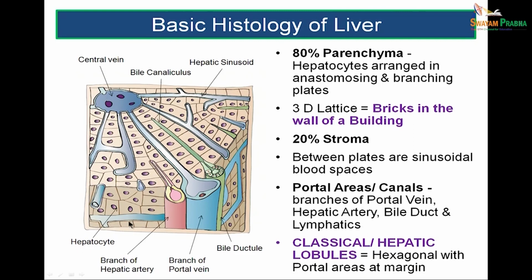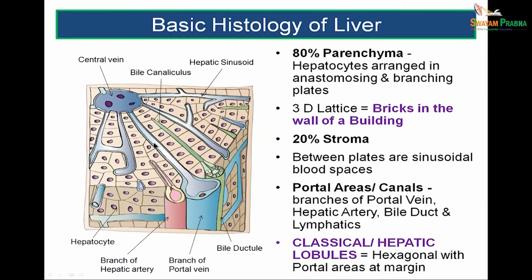If you look at the figure here, these are the hepatocytes which are arranged in anastomosing and branching plates, resembling a three-dimensional lattice framework like bricks of a building. We said 20% is stroma. Stroma is basically the connective tissue element placed between the hepatocytes and other liver cells.